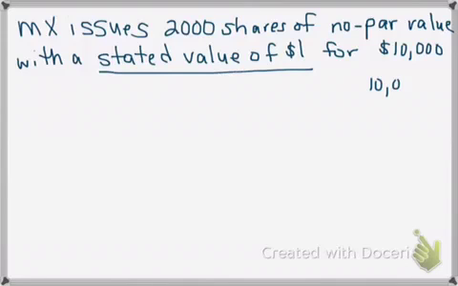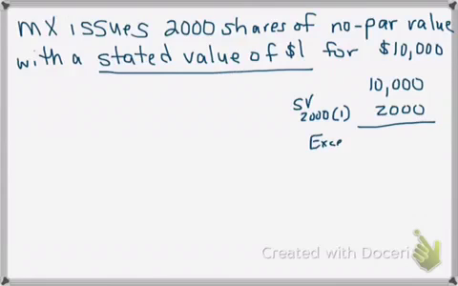Well, I'm getting $10,000 in. What in this case is the stated value? Well, I'll take the 2,000 shares, $1 stated value, that means it's $2,000, and therefore I'm going to have an excess here of $8,000. So in this journal entry, cash involved, the answer is yes, it is increasing, so it would be on top as the debit.